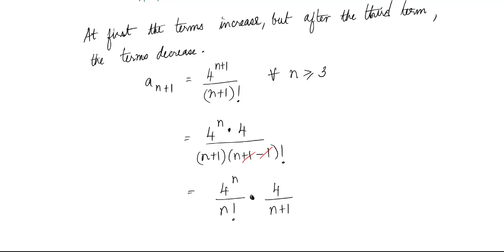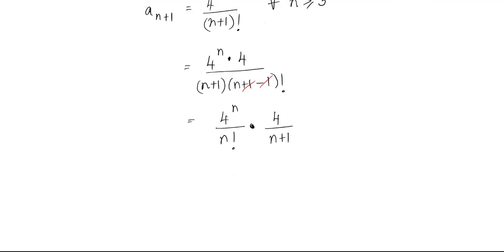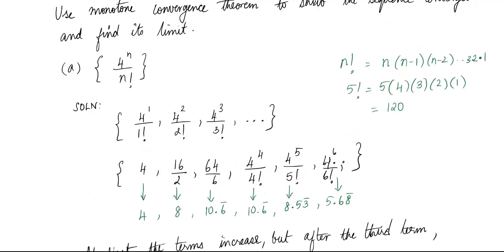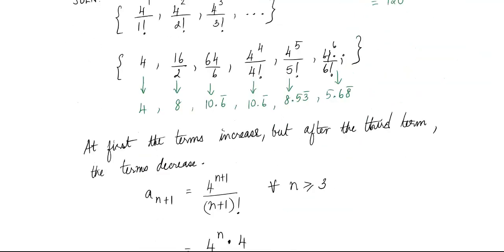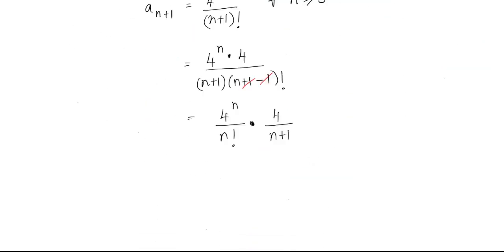Again, remember this is to rewrite this in terms of an. And so we know that an, if you go to the problem, an was 4 power n over n factorial. So when I get that form, I want to utilize it. So an plus 1 is an times 4 over n plus 1.